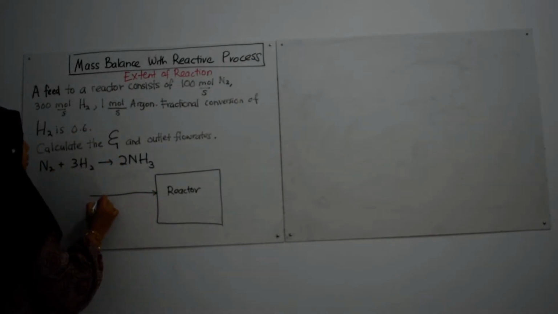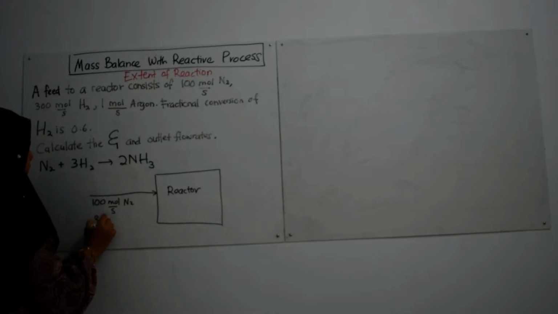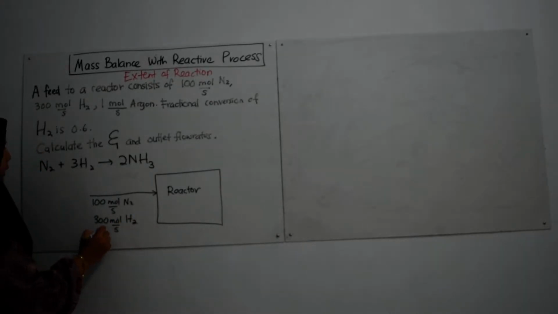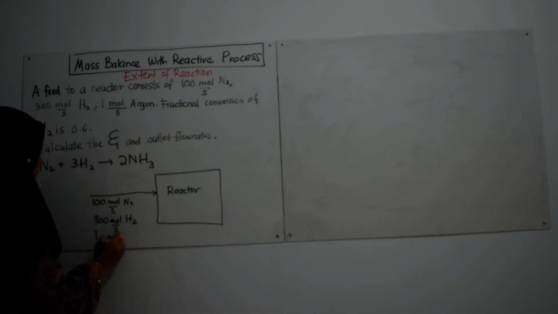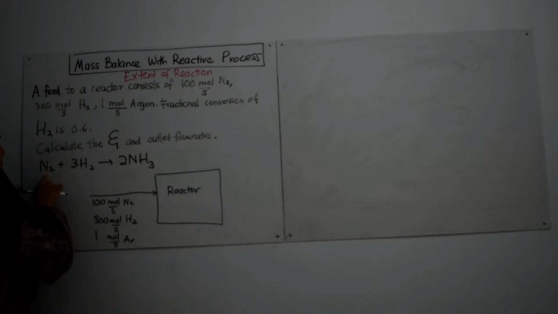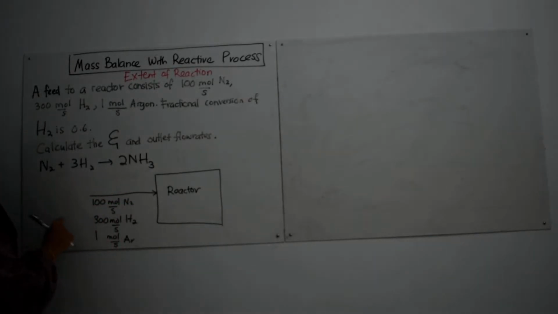You have 100 mole per second nitrogen, 300 mole per second of hydrogen, and 1 mole per second of argon. Nitrogen and hydrogen produce ammonia. There is no argon in the reaction, so argon is an inert compound.